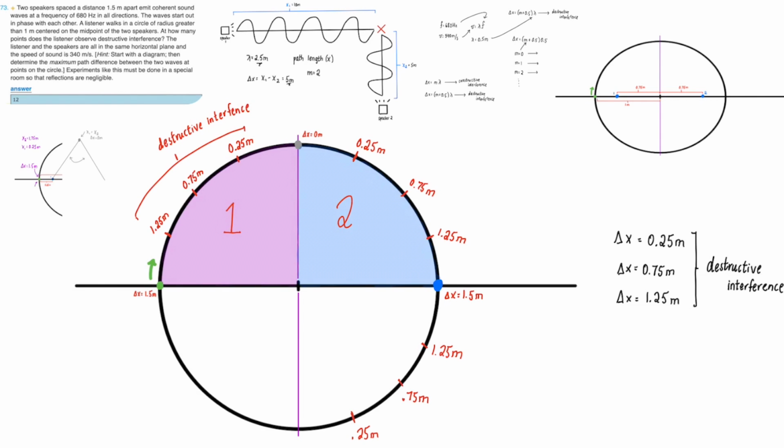And the same thing is going to happen in the last quadrant as well. And so here's 0.25. And so in total, our observer is going to experience destructive interference at 12 points along the circumference of this circle.